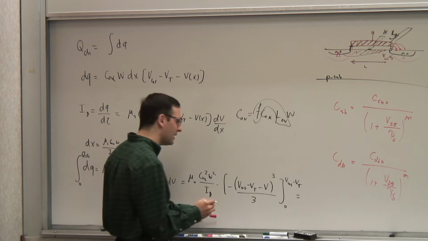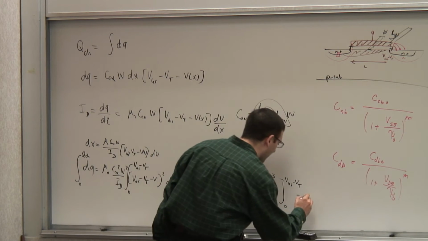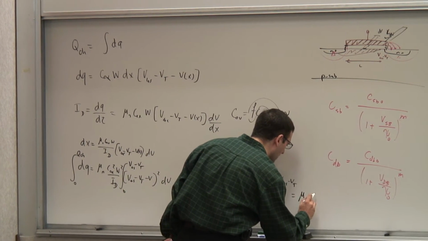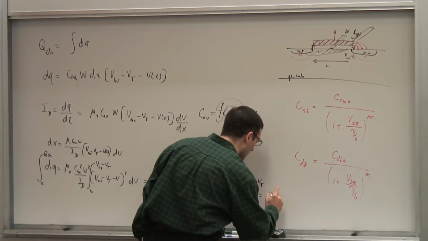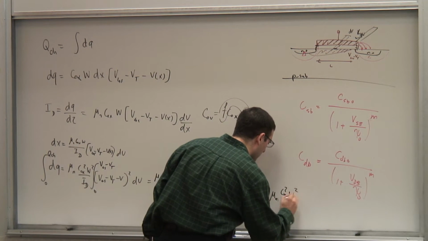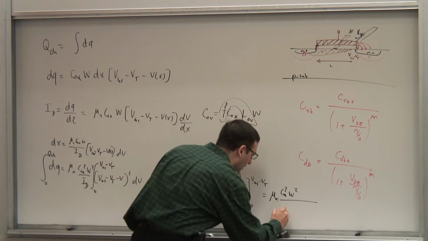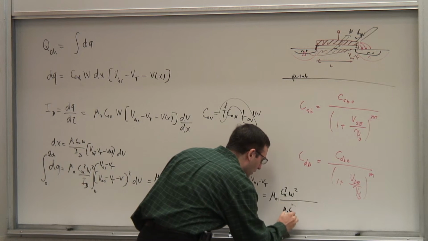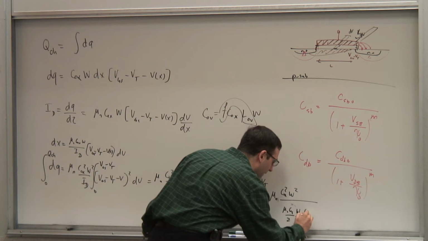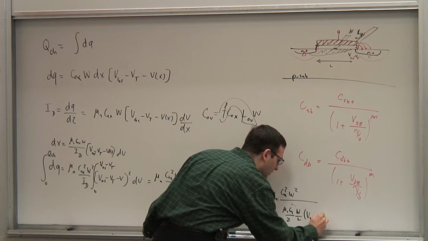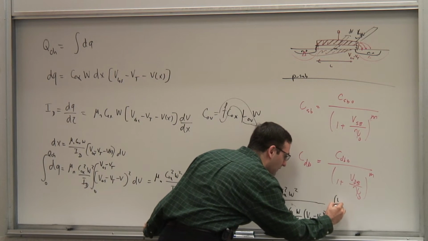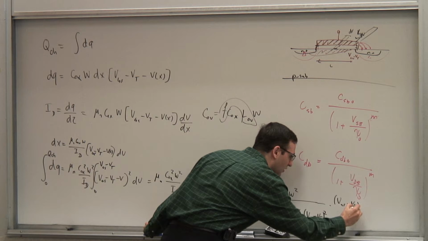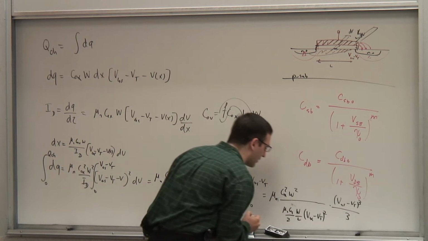And ID, I can also rewrite. I can expand ID in terms of VGS minus VT squared. So this is mu n Cox squared, W squared, divided by, what is ID? It's mu n Cox divided by 2, W over L, VGS minus VT squared, times VGS minus VT cubed divided by 3.